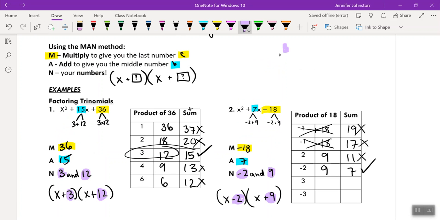So step 1 is to, well, first of all, you need to write MAN. Write M-A-N, where M stands for your last term, the term that gets multiplied. A stands for your middle term, the numbers being added, and N is your numbers. Step 2 is to write the numbers beside M-A-N.